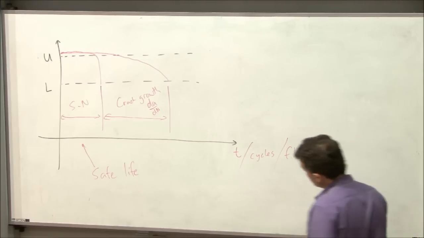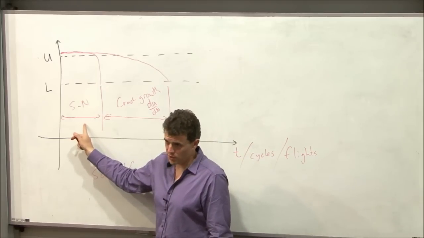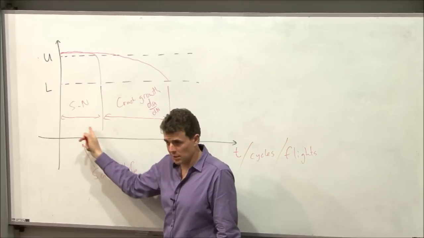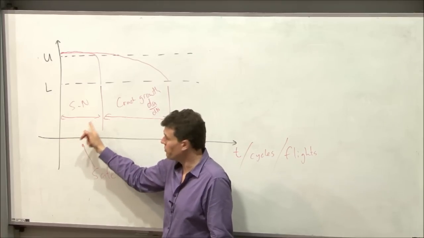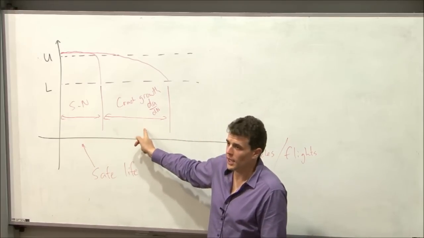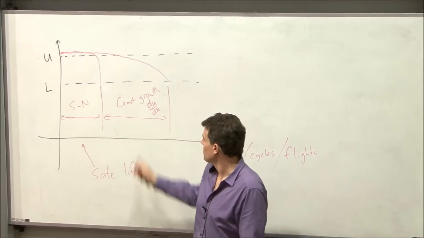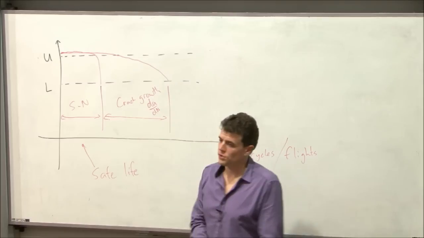So SN curves have limited utility for most real aerospace applications. They may give you an indication of when damage may initiate, but for most real aerospace components that have reasonable life, we have to use crack growth formulae.